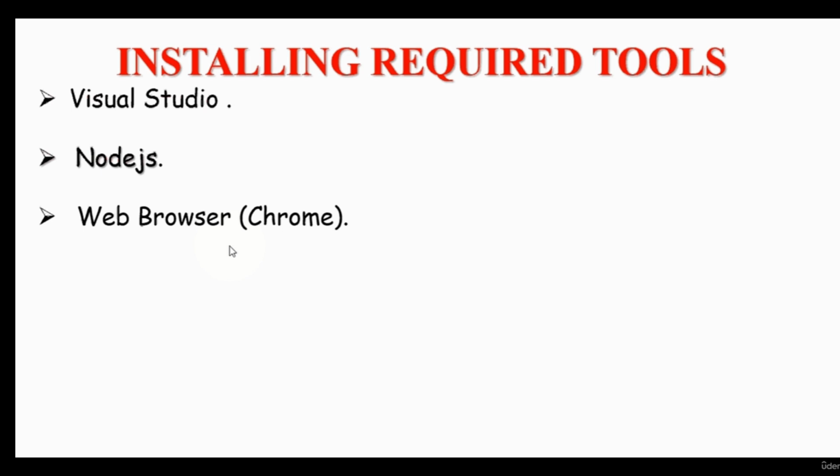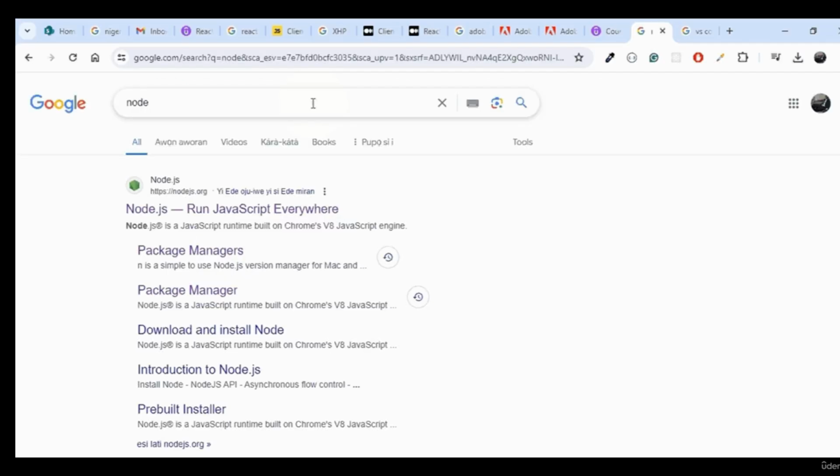So let's look at how to download and install these tools for our React project. I believe that if you're already a developer, you'll be familiar with Visual Studio, and every one of us is also familiar with Chrome, which is a popular web browser. So to download Node, go to Google and type Node.